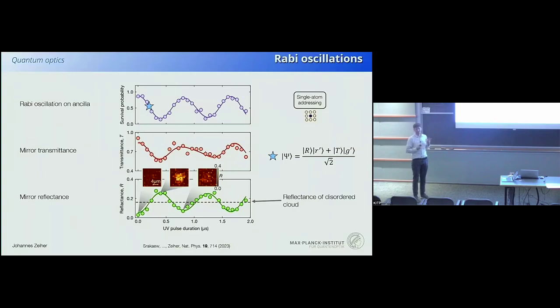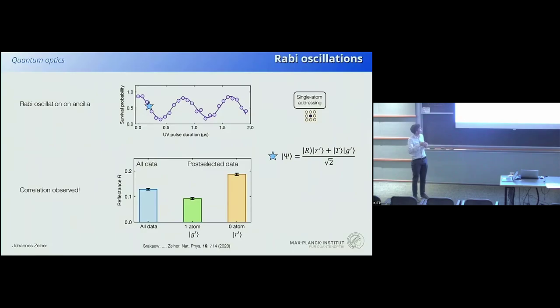So far we have not been able to show the entanglement, but what we can do in our experiment is post-select our data of reflectance or transmittance based on the measured ancilla values. If you look at this here, 0 atoms means that we detected the ancilla in the Rydberg state, because effectively we lose it after some time. And so here you see a clearly enhanced reflectance, which is exactly what you expect.